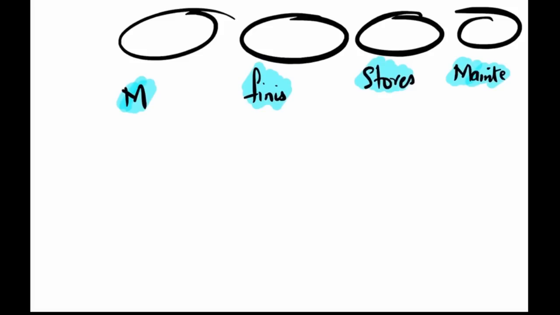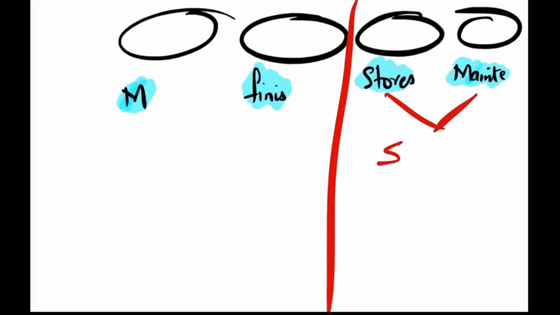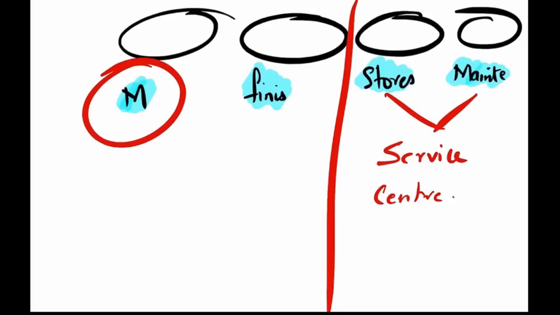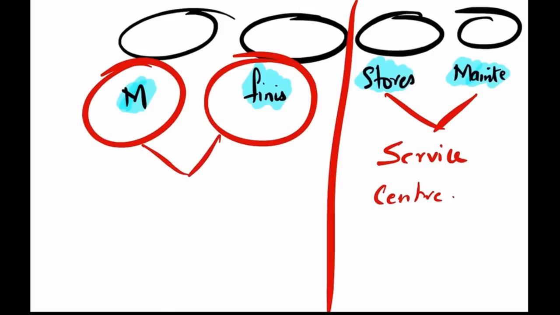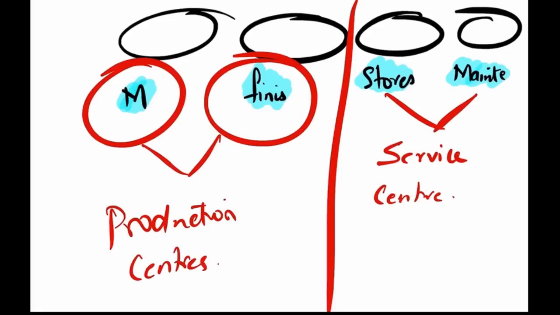Now once I identify them, what I'll be doing next is identifying which of the cost centers are going to be production and which are going to be service. In this given case, I know stores and maintenance are part of my service centers, whereas machining and finishing are going to be part of the production centers.